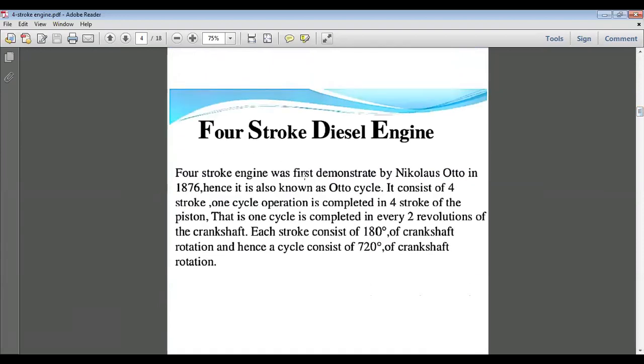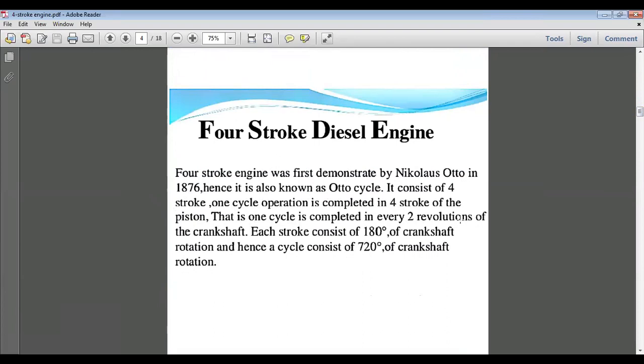So the 4-stroke engine was first demonstrated by Nicholas Otto and known as the Otto cycle. It consists of 4 strokes. One cycle operation is completed in 4 strokes of the piston. That is, one cycle is completed in every 2 revolutions.